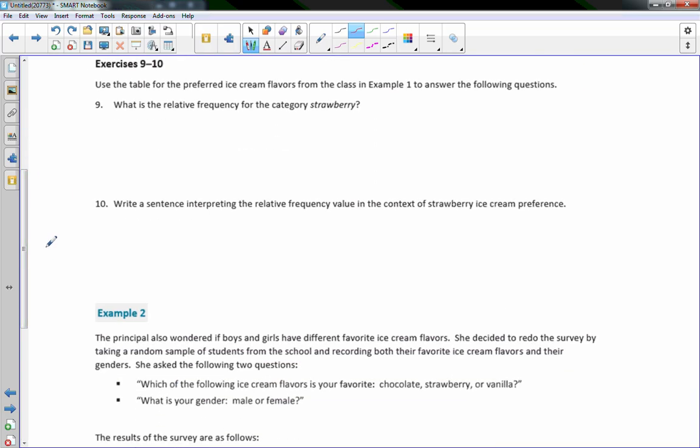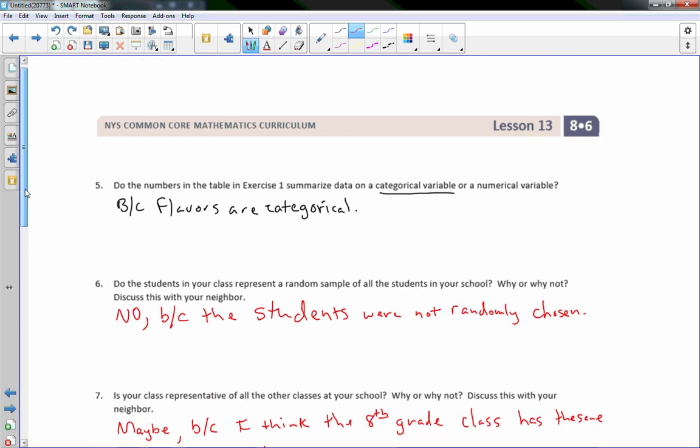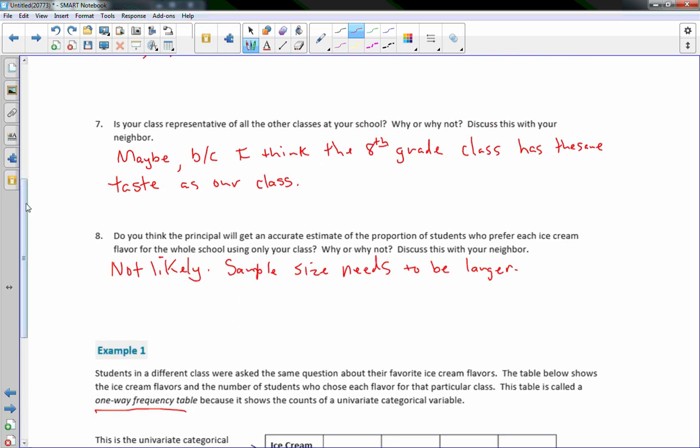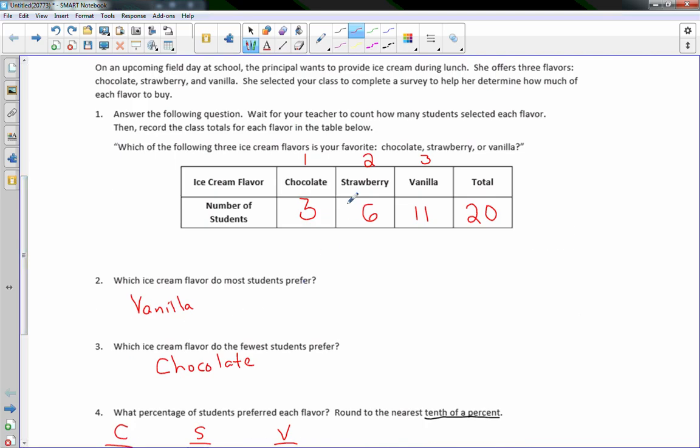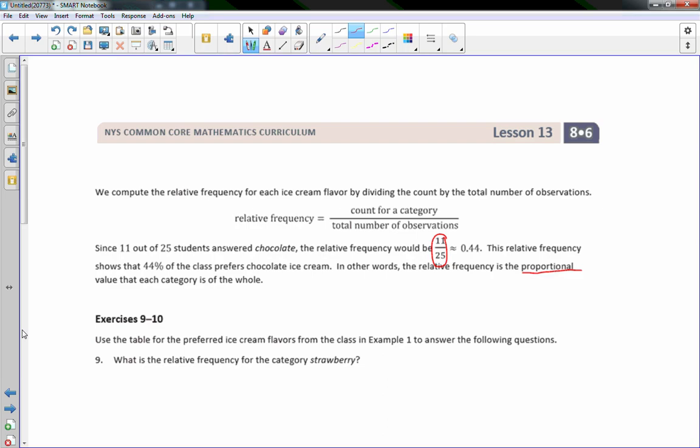Exercise 9 and 10. Use the table for the preferred ice cream flavors from the class in example 1 to answer the following questions. What is the relative frequency for the category strawberries? So if I go back to my table that we filled out in this video, strawberry was 6 out of 20. Okay.